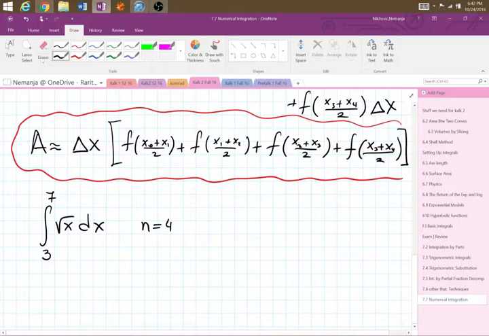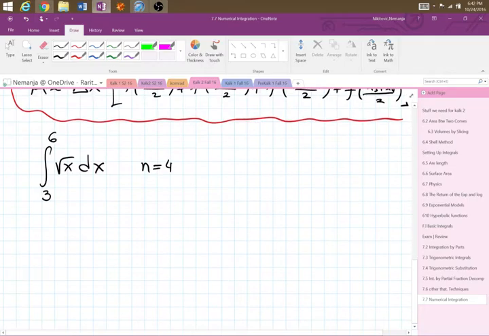Oh, I don't want 3 to 7. I want 3 to 6. 3 to 7 is going to be perfect, 7 minus 3 is 4, 4 divided by 4 is 1, and then delta x is 1. And I want fractions and decimals and pain and suffering, because that's what the numerical methods are for, right? You'll get square root of 16 when you do your U sub problems.